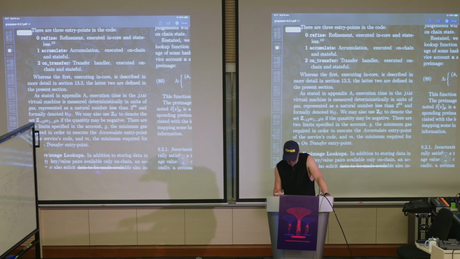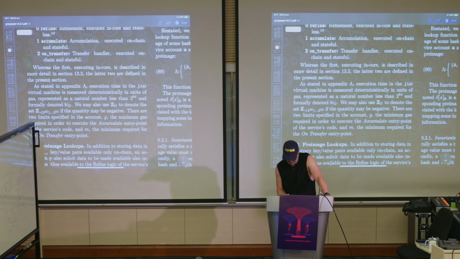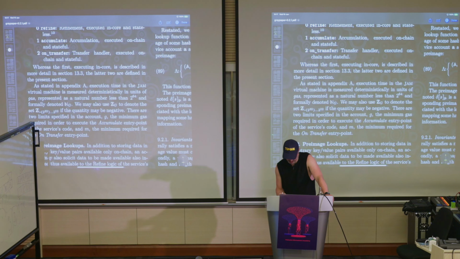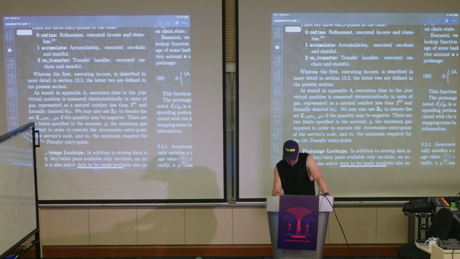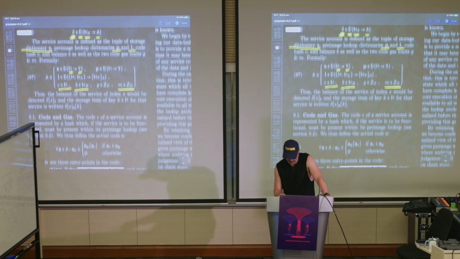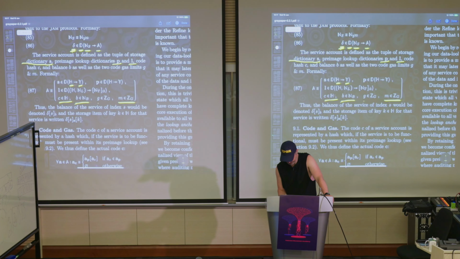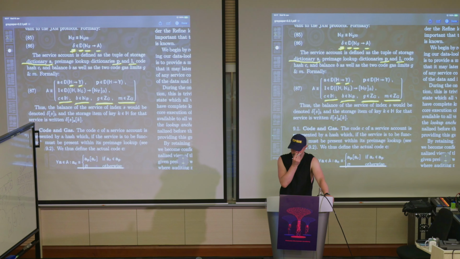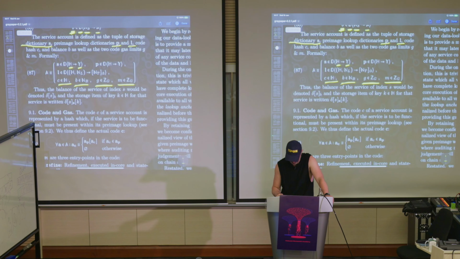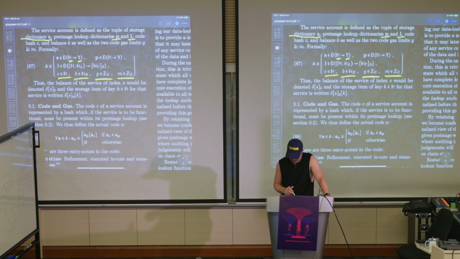And if we look a little forward, we also have the gas limit for accumulate. This again I will go into in more detail in a second. All right, so let's jump back to P and L.